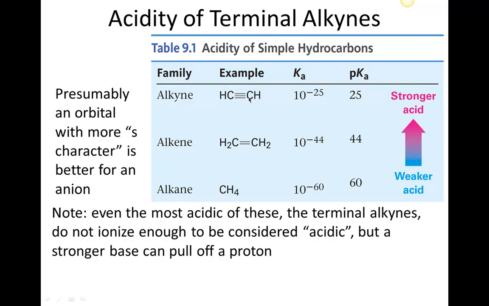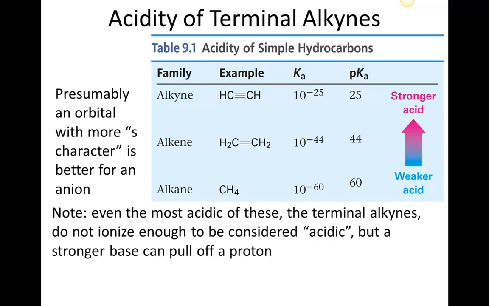In other words, think about it. This carbon is sp hybridized, which means that the orbital that it's using to make the bond with the hydrogen is an sp orbital overlapping with the 1s orbital on the hydrogen. So if that bond ionizes, the hydrogen goes off as a proton. Remember, that's what it means to be a Brønsted-Lowry acid, that it donates a proton, leaving behind the pair of electrons.